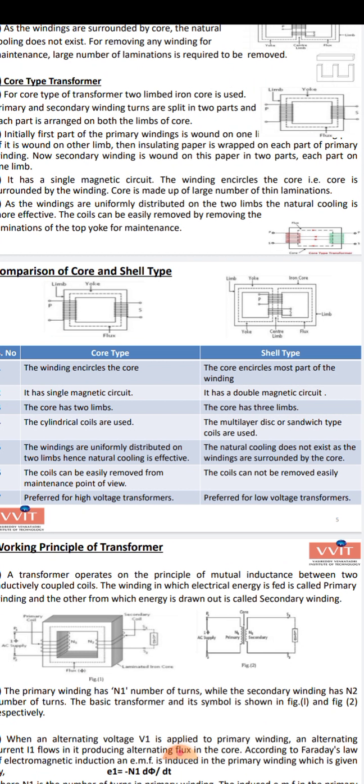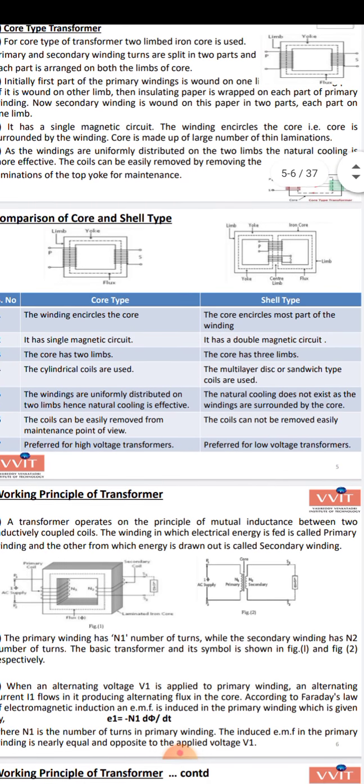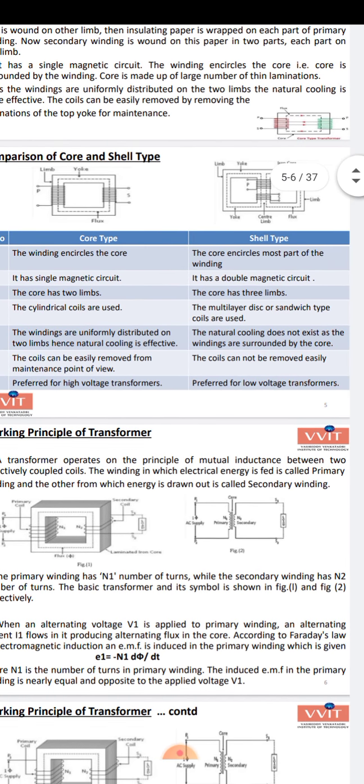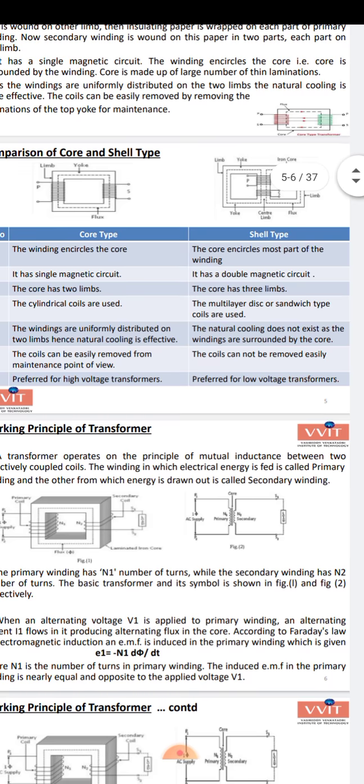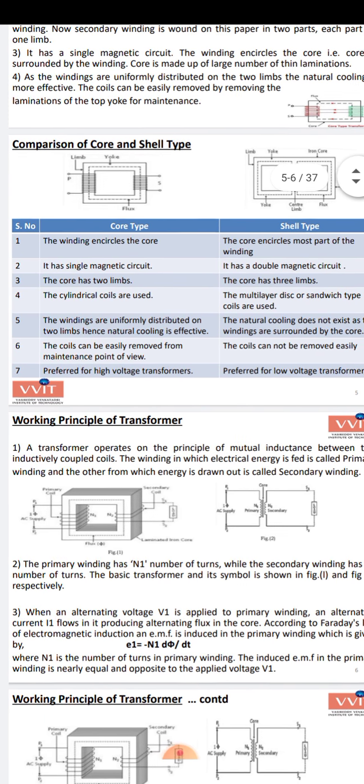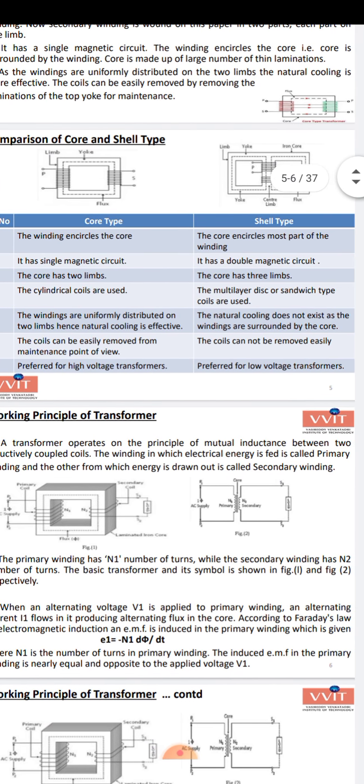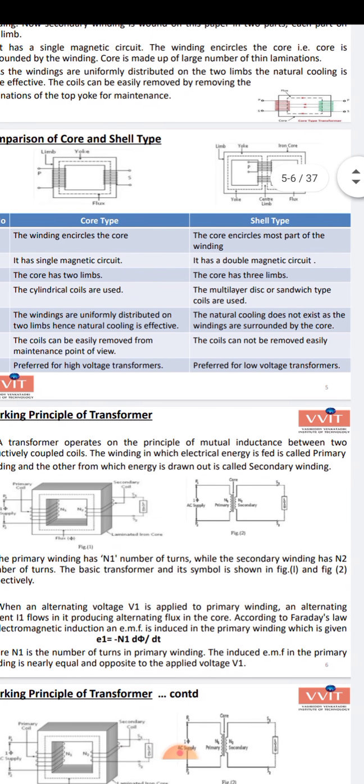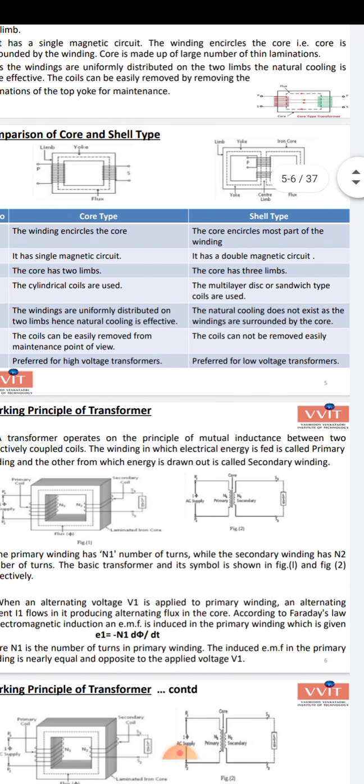In core type the core has two limbs, and in shell type it has three limbs. Cylindrical coils are used in core type, whereas multi-layer disc or sandwich type coils are used in shell type. In core type the windings are uniformly distributed on two limbs, hence natural cooling is effective, and in shell type the natural cooling does not exist as the windings are surrounded by the core.